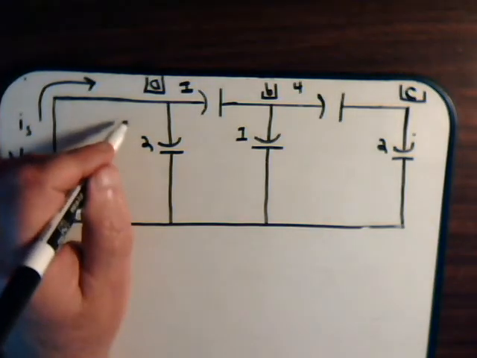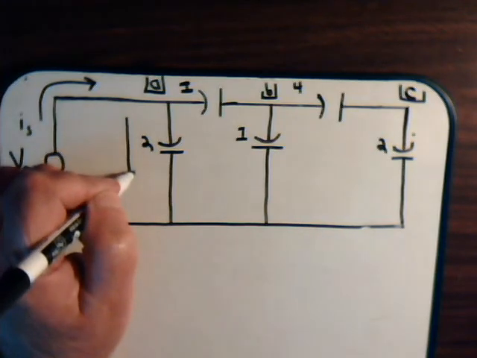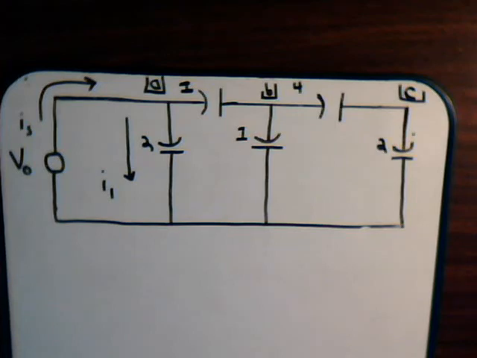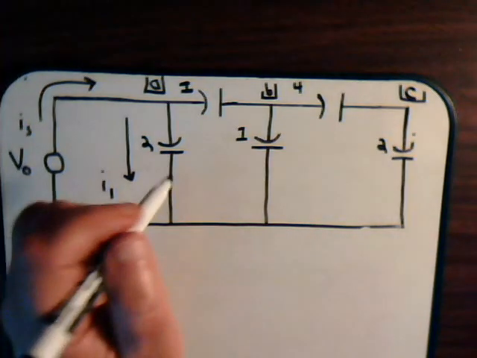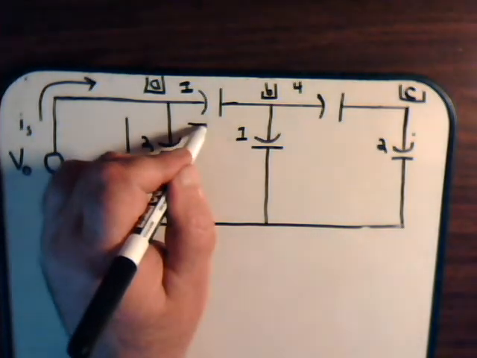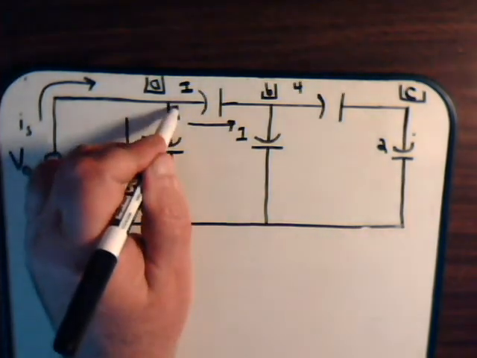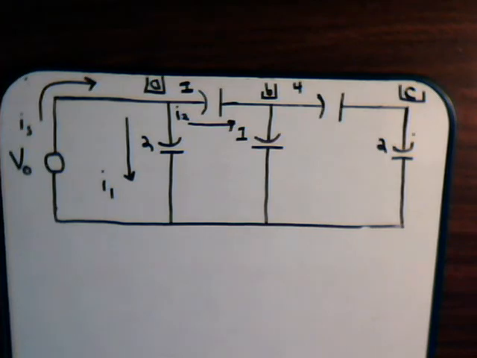Here we can call this I1. And then there will be a current over here, I2. Like this. And then there will be another current, I3.